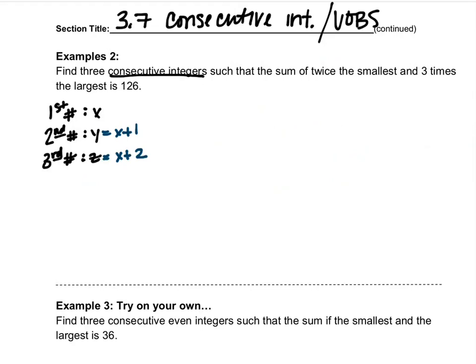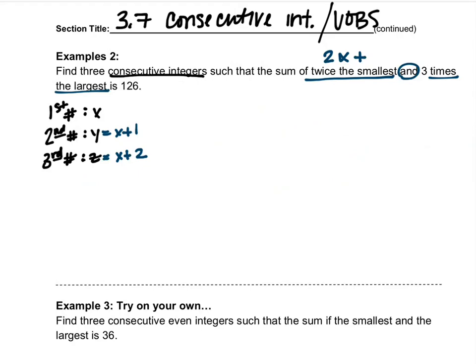The next thing I'm going to do is recognize that I'm not just taking the sum of all 3 numbers, it's asking for a very specific sum. It's asking for twice the smallest, and the smallest number is always my first, so 2x, plus, because "and" is plus, 3 times the largest.